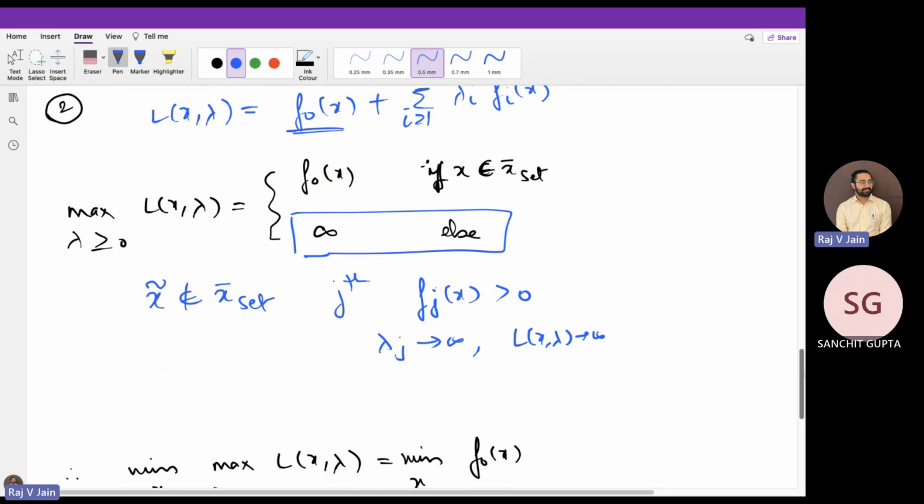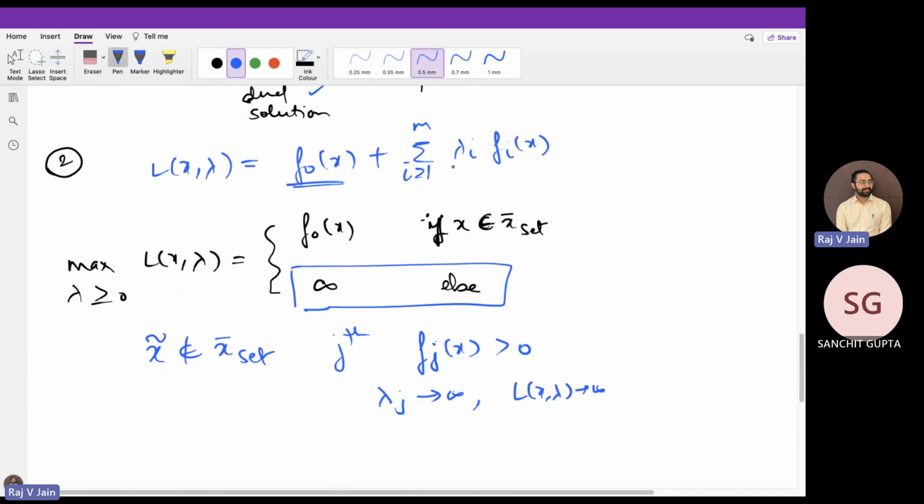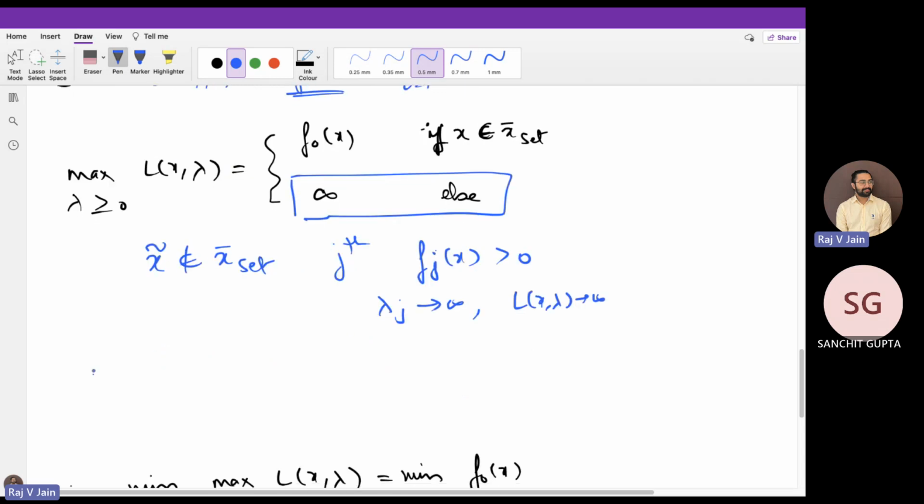Now, if it is satisfying all the conditions, then however high I take this lambda, it will always be bounded by f naught of x. Because for all x bar, lambda i fi of x bar is negative.